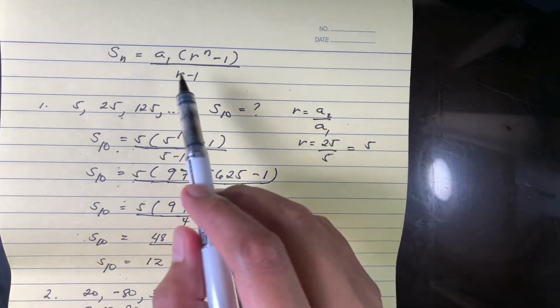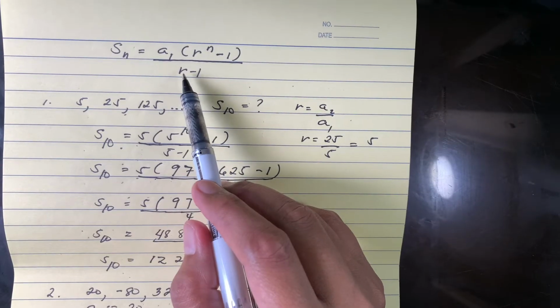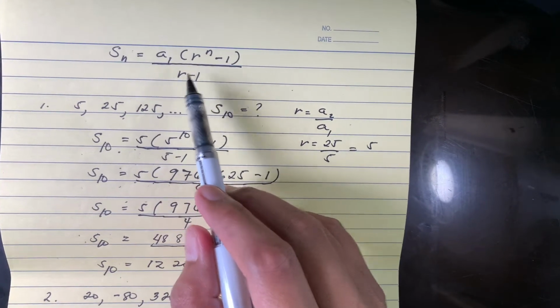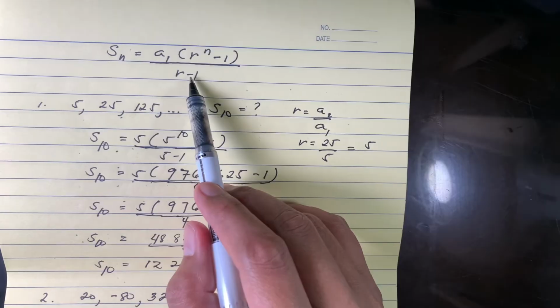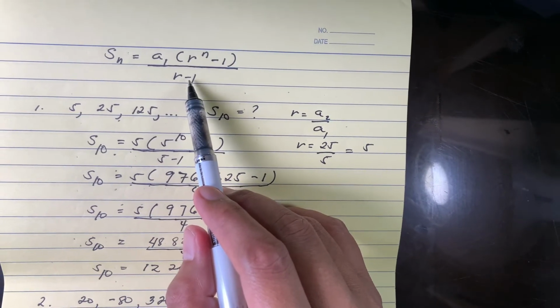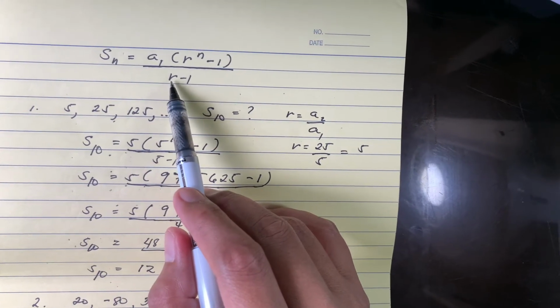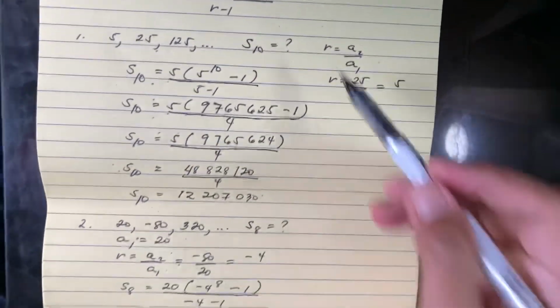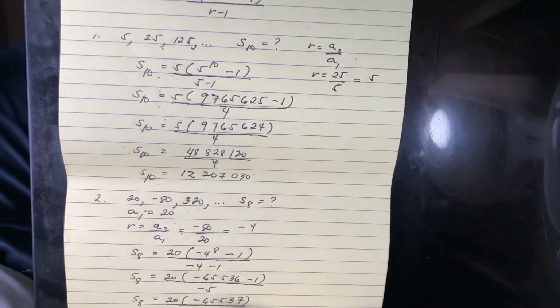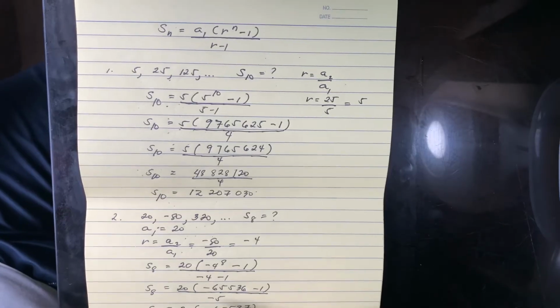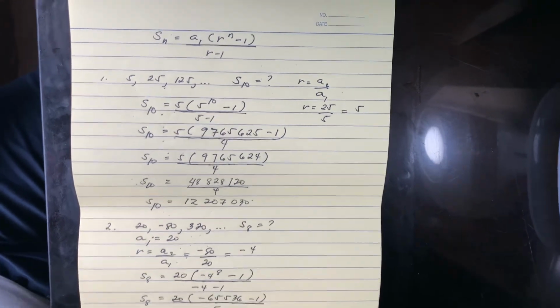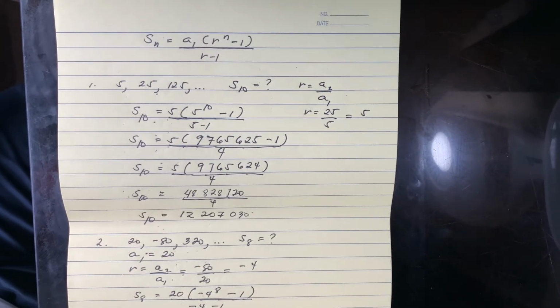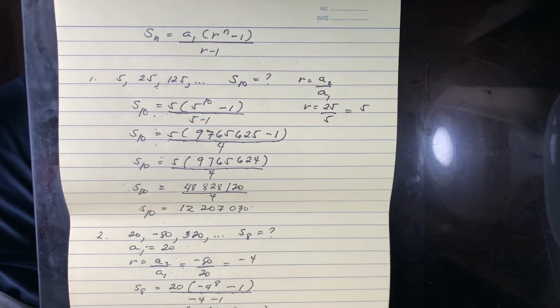And always remember as well that your common ratio should not be equal to 1, because if your r is equal to 1, then it is indeterminate, which means it is undefined. Okay, so this is now an example of how to determine the geometric series of a given geometric sequence.